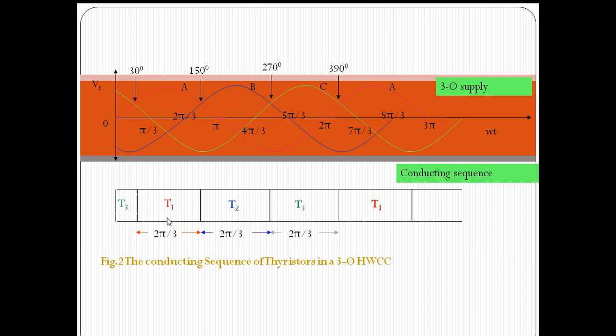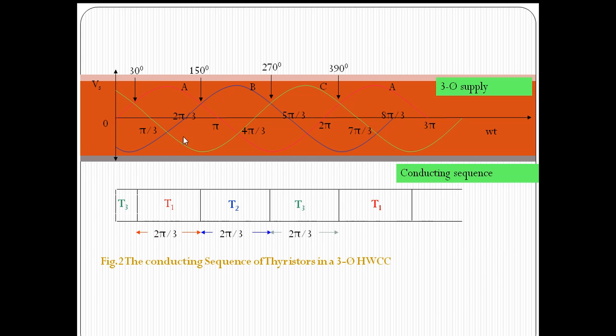Thyristor T1 will be in forward bias in this duration, 30 degrees to 150 degrees, thyristor T2 will be forward biased for 150 degrees to 270 degrees, and thyristor T3 will be more positive in this duration. So each thyristor will be in forward bias for a duration of 2 pi by 3, that is 120 degrees. The sequence of conduction will be T1, T2, T3, again T1.